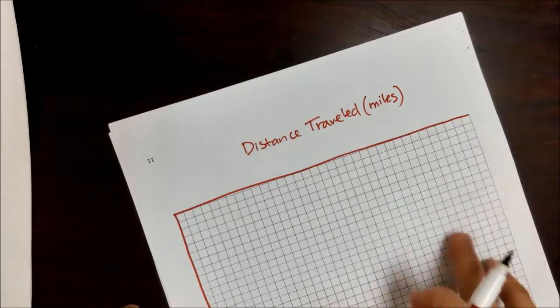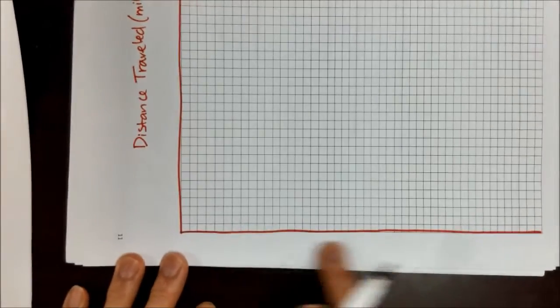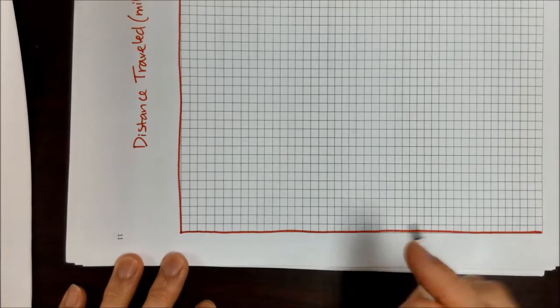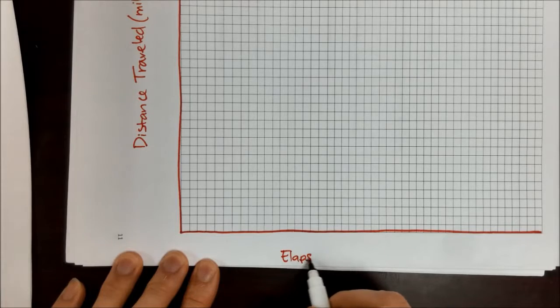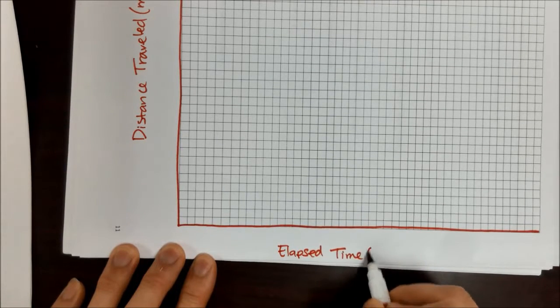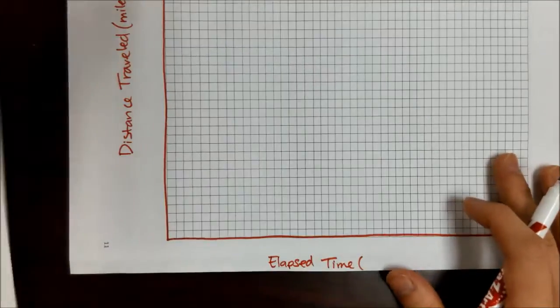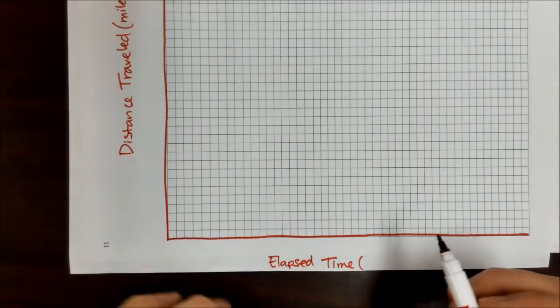Always put your units. Next, my x-axis. We said it was going to be elapsed time. Right? And if we go back to this chart, it says hours. So I'm going to put hours.